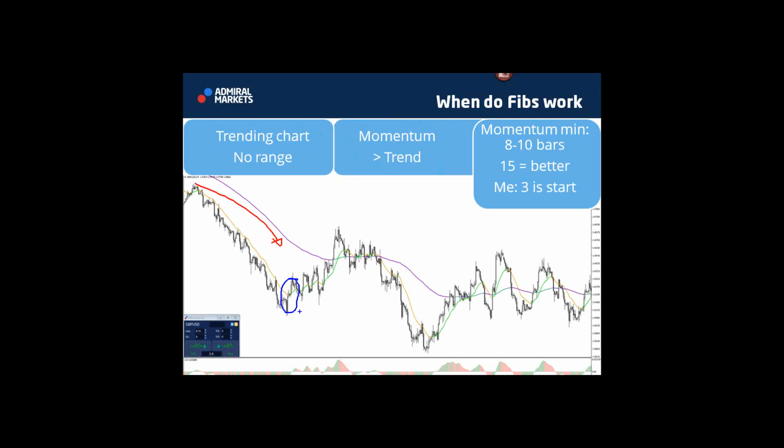Momentum typically has 8 to 10 bars. 15 is better, according to DiNapoli. I myself already keep an eye on momentum if I see 3 strong bars going in the opposite direction of the trend. All right, so if the trend is down, but I see 3 strong bars going in the opposite direction, or actually 2 already, I'm already cautious.